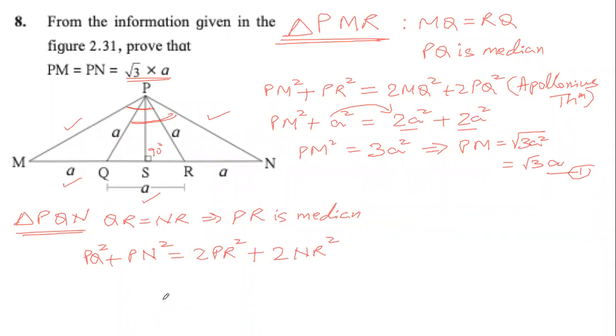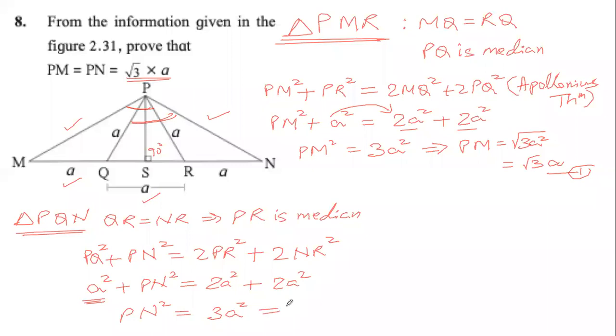Once again, when we substitute the lengths here, we will get PQ is a, so this is a square. PN square remains as PN square. PR is a, so this becomes 2a square. NR is also a, so this is another 2a square. So here also PN square comes to 2 plus 2, 4 minus 1, which is 3a square.